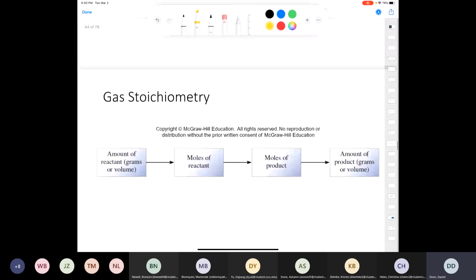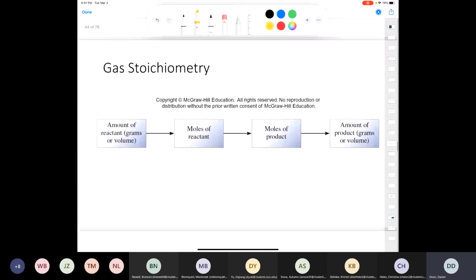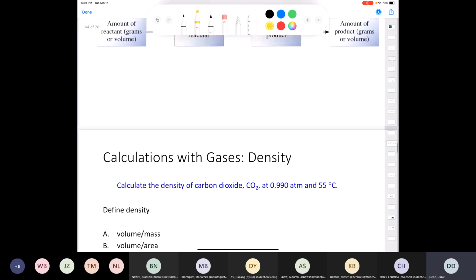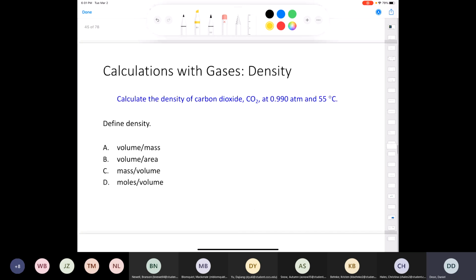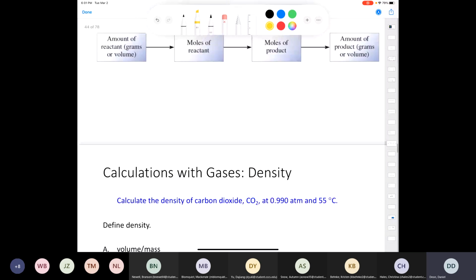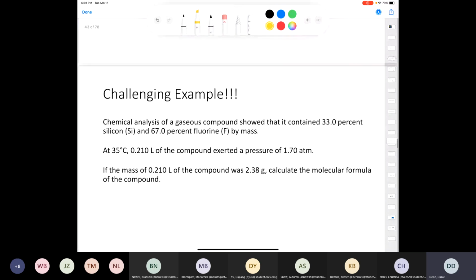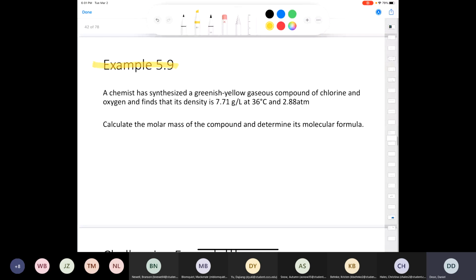That will allow us to have more time to focus on gas stoichiometry, which is definitely a more complicated topic, and I want to spend some good quality time discussing that. So before you come to class on Thursday, I always encourage my students to read the entire chapter and try as many problems as they can, but at a minimum, read and try all the problems up to here. Again, a bare minimum.